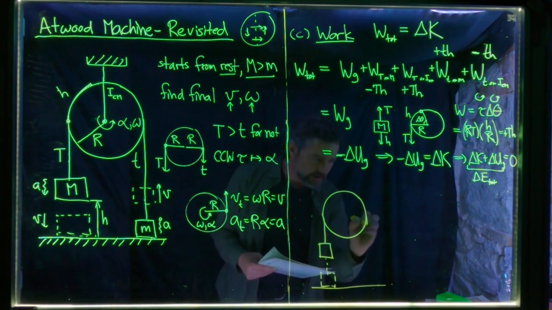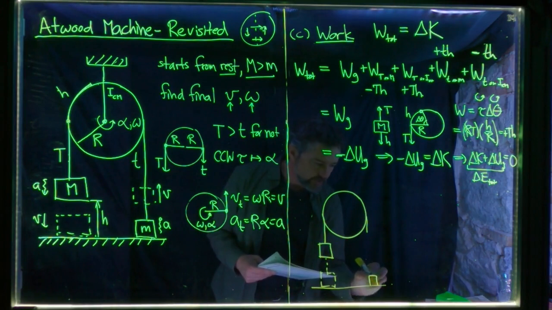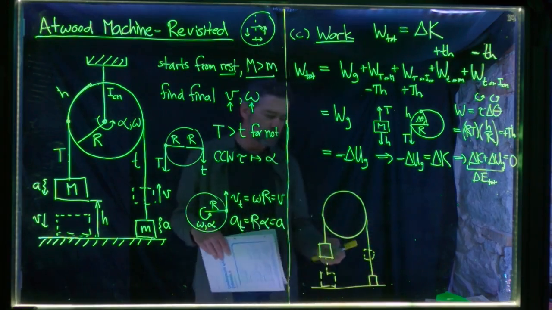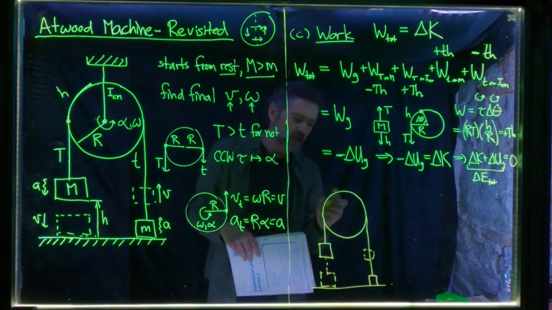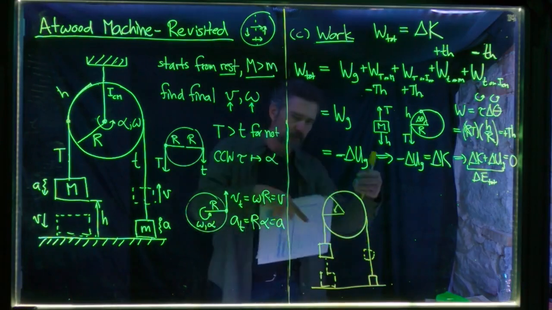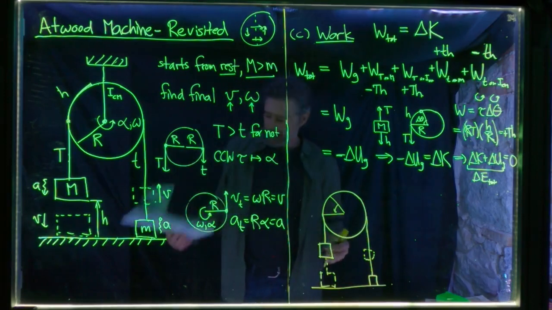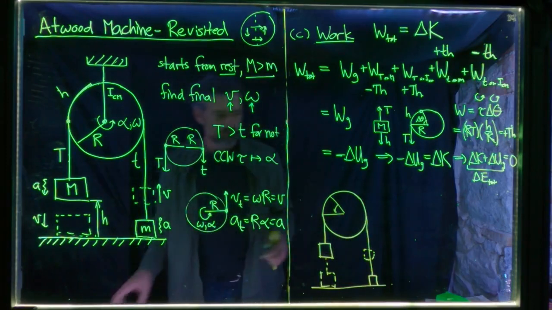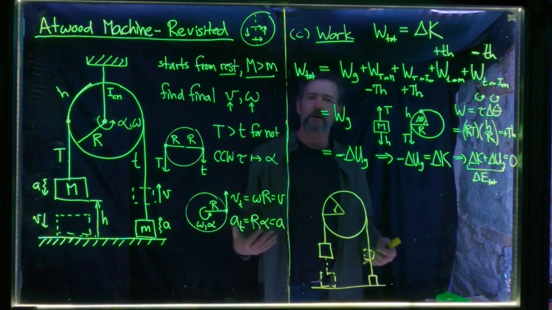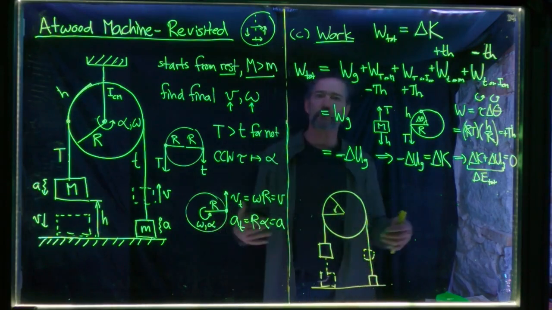And then we had a mass little m, which started on the ground, and it rose up the same height h, like this. So we had this situation going on. There are linear displacements h, and there's also some angular displacement delta theta that goes on with that wheel. Now during that process, there has been a whole bunch of energy transfers happening.